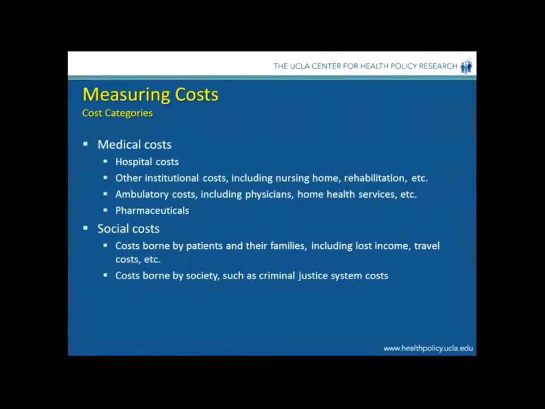Then sometimes, depending on whether we're doing cost effectiveness or cost utility, we might be interested in the costs that are borne by patients, including lost income. In other cases, such as mental health interventions or substance abuse, we might be interested in social costs. There might be costs to the criminal justice system that are important because the intervention reduces those significantly.